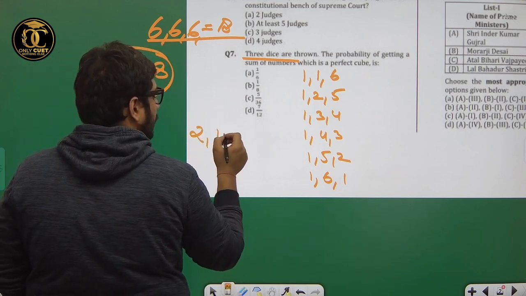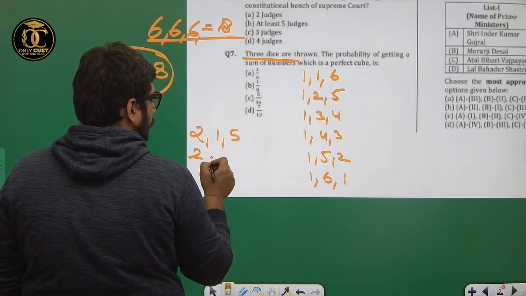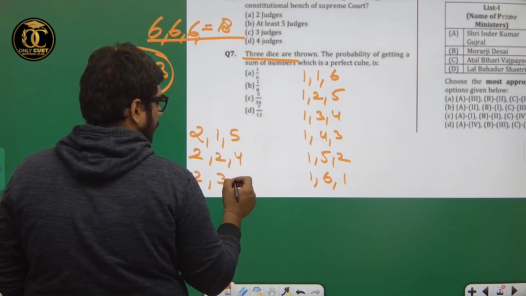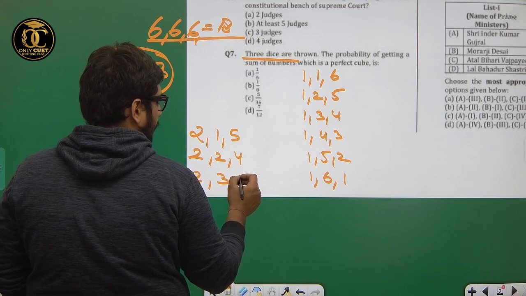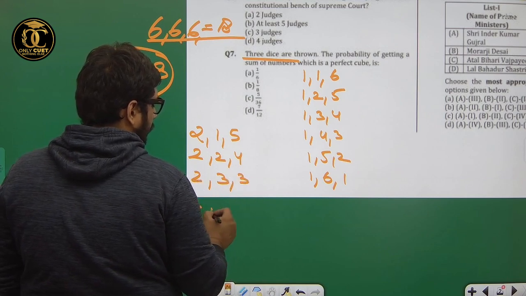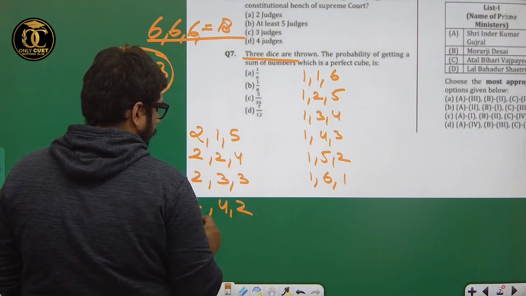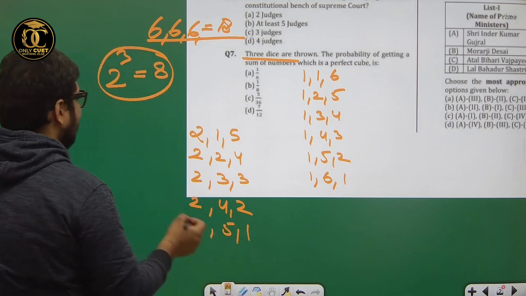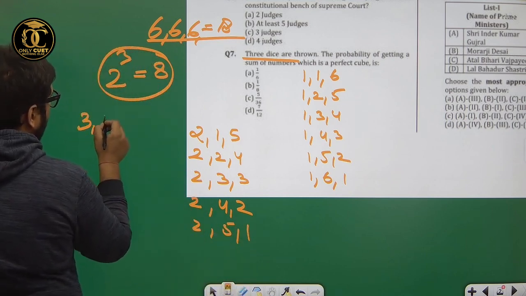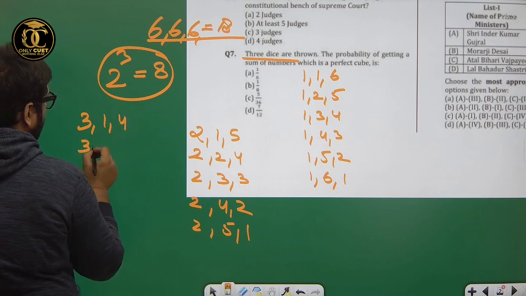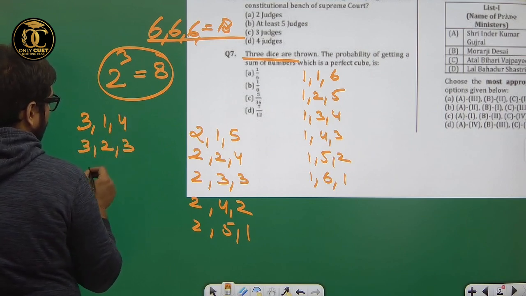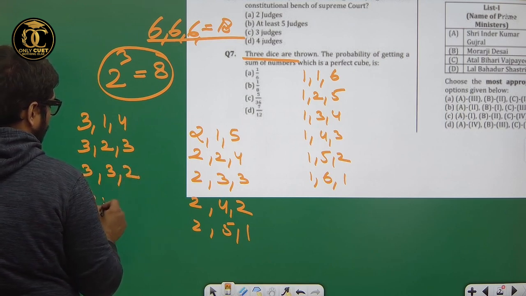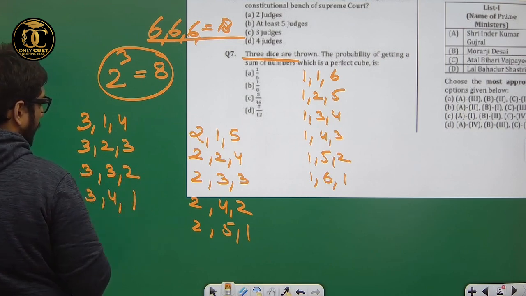Now let's start with 2. 2, 1, 5, 2, 2, 4, 2, 3, 3, 2, 4, 2, 2, 5, 1. 5 options. Start with 3. 3, 1, 4, 3, 2, 3, 3, 3, 2, 3, 4, 1.